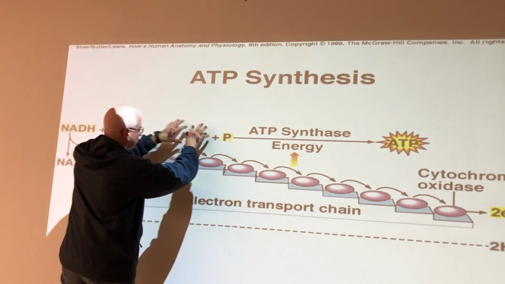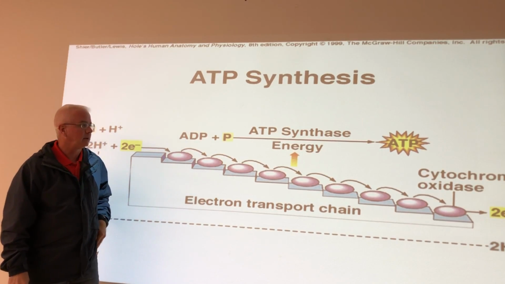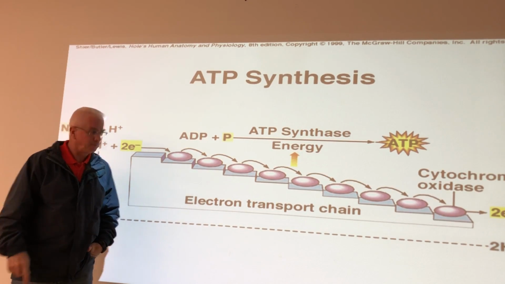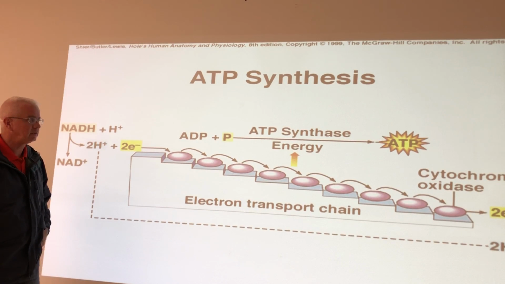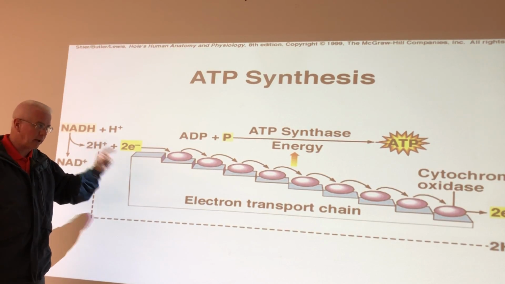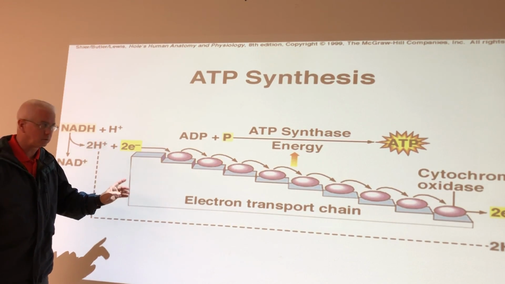Oxidative phosphorylation in the electron transport chain to make lots of energy. Okay, now let's finish this with the energy formation. There's one more piece. So I'm going to go back to that picture with the mitochondria for just a moment, and then I'll come right back to this one, okay?